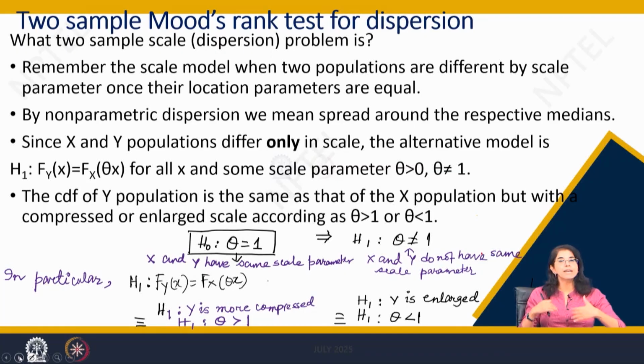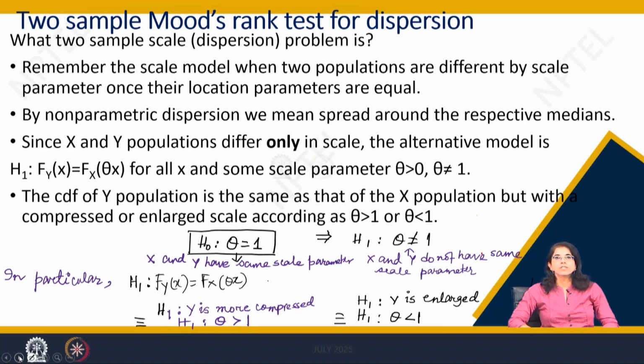But since we are talking about non-parametric, we cannot say that they are different only by the variances. In the parametric test, what you have done is sigma 1 square is equal to sigma 2 square as the null hypothesis. But that is the parametric setup. Here let us take theta, which is just a scale parameter, and we will see whether the scale parameter of x observations is the same as the scale parameter of the y observations, in a more general tone.